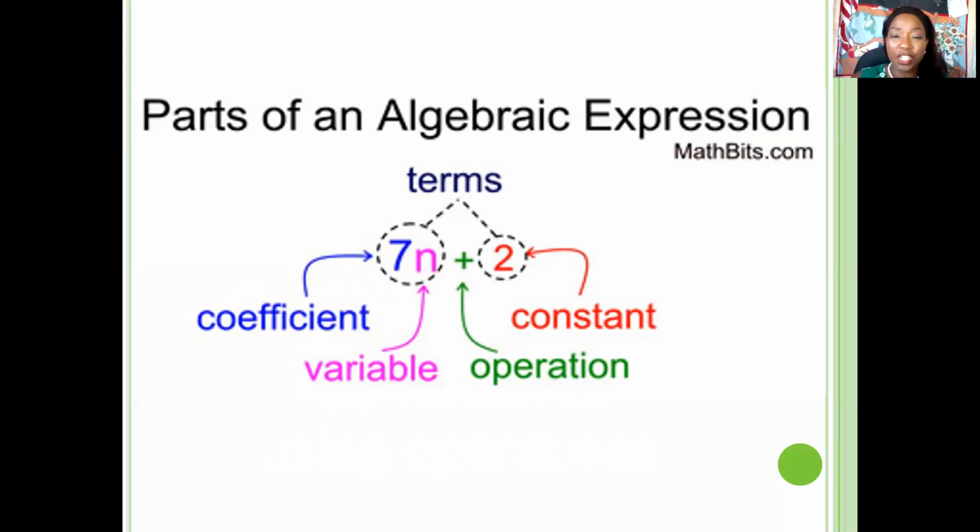The operation is addition. For this lesson, we will be using two operations, addition and subtraction. And then we have terms. 7n is the first term in this expression, and 2 is the second term.